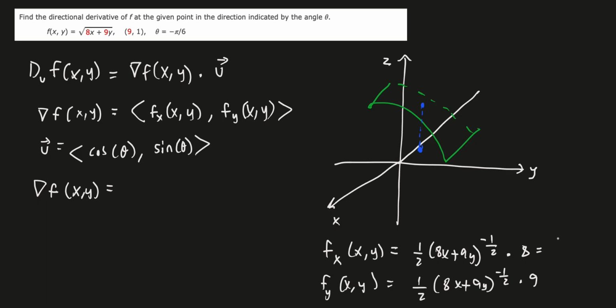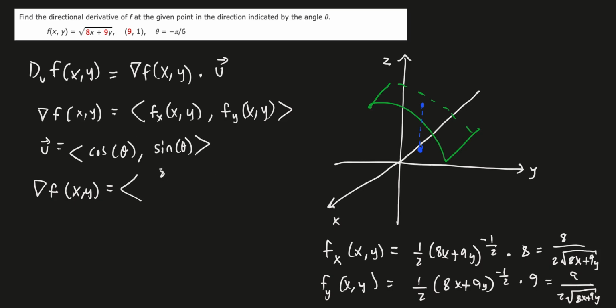So all of this is the same, times 9, which we can express as 8 over 2 square root of 8x plus 9y. And this is 9 over 2 square root of 8x plus 9y. It's exact same thing, except with 8 and 9 being different. So we can write this out here.